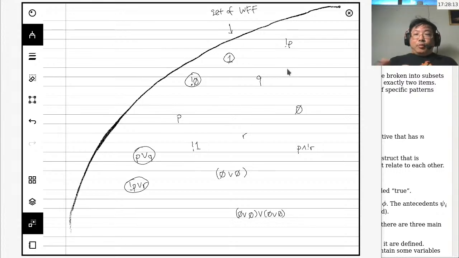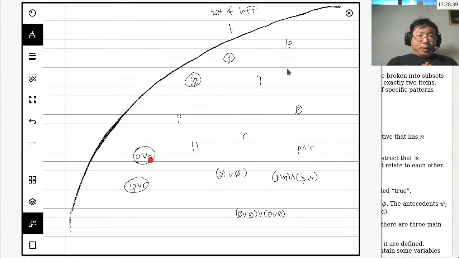Now, I can give you one thing that definitely has to be true. If I say P or Q and not P or R, don't you think this expression has to be true? Of course it has to be true, right? Because all of these circled ones are true already.